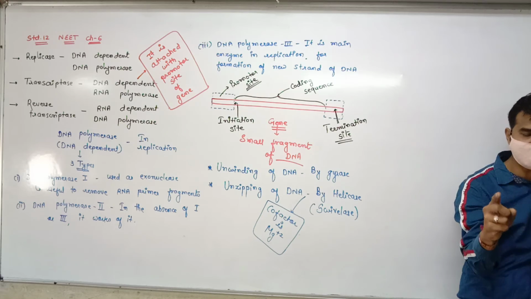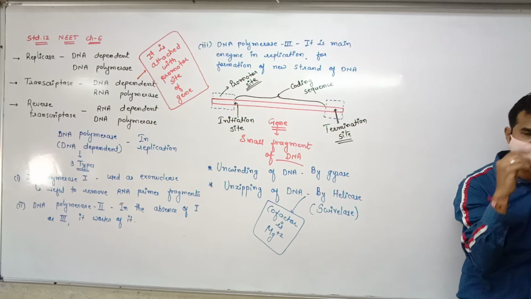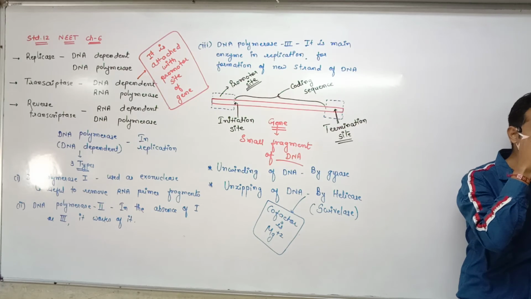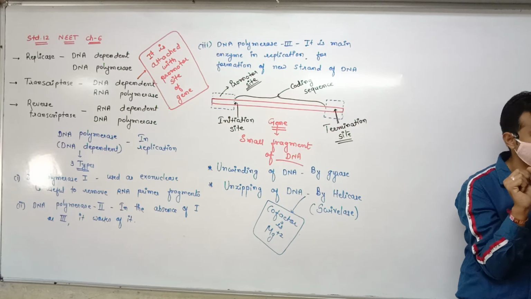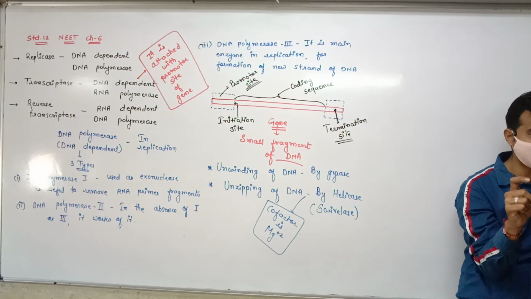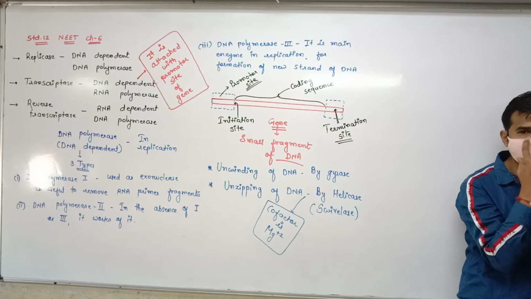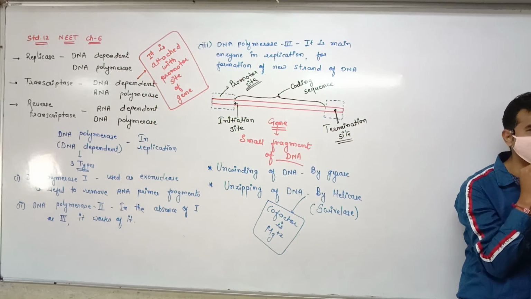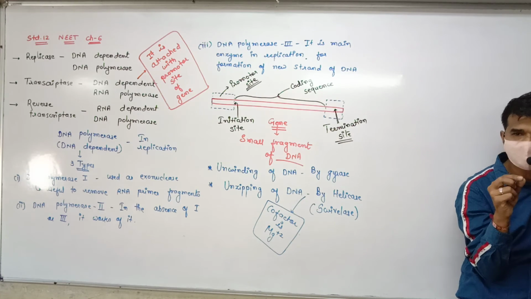So on the 3' end of the template chain of the DNA, in the 5' to 3' direction, RNA polymerase forms the RNA primer fragment.